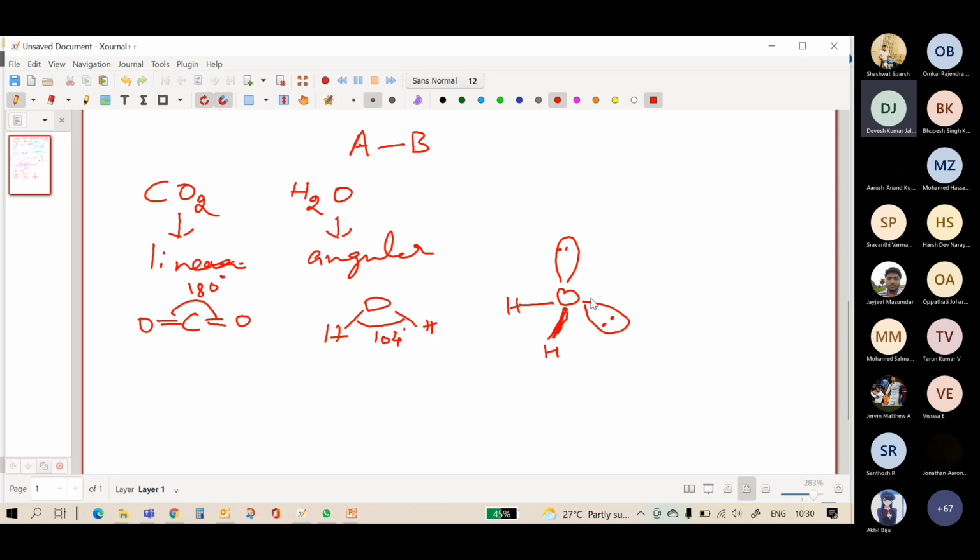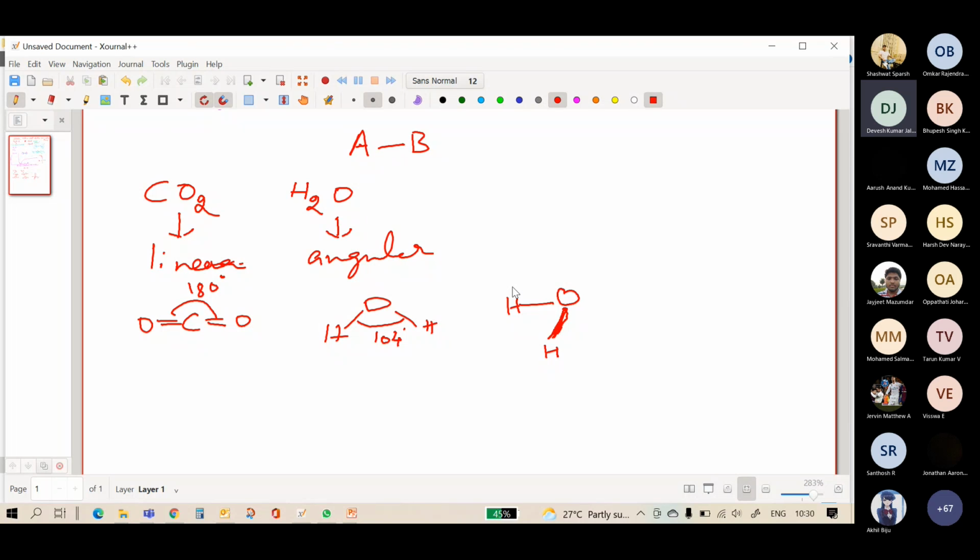This is the more accurate picture, and all of them are oriented around the oxygen along the corners of a regular tetrahedron. Okay, so the arrangement is tetrahedral, but when you want to determine the shape of the molecule, you ignore the lone pairs, right? And you have the angular shape of water.